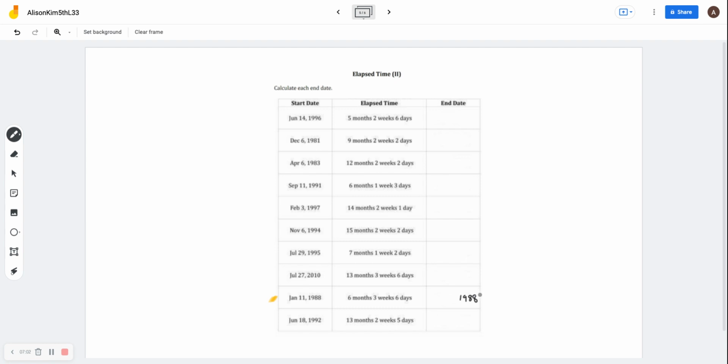So let's just find out how many days in total have passed. Or actually, no, we can focus on the months. So it says 6 months have passed. So we're going to go from January 11th. Actually, that doesn't work.